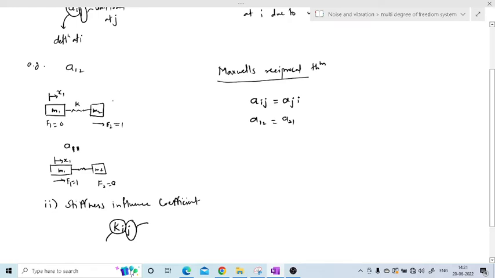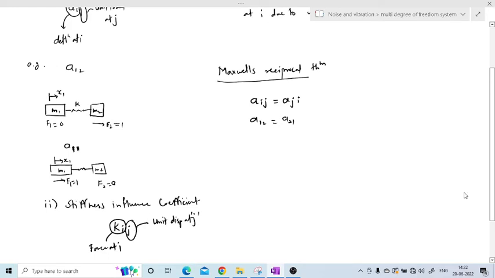In Aij we considered deflection at i and unit force at j, but here we consider force at i due to unit displacement at j. So it is completely opposite.